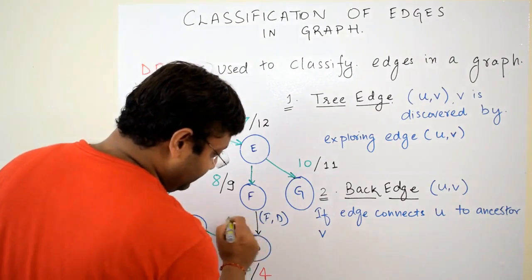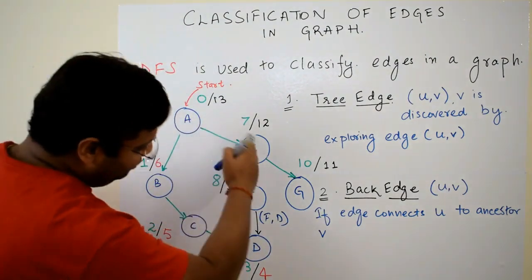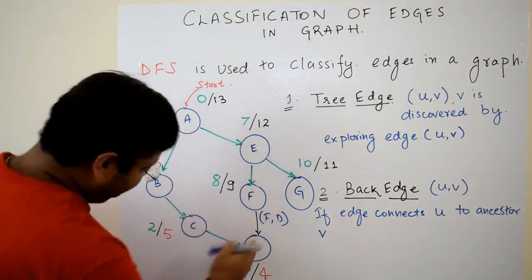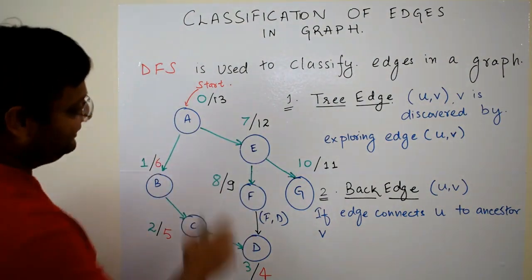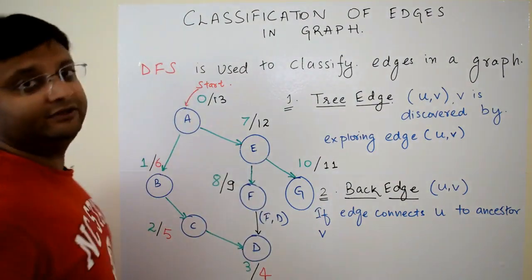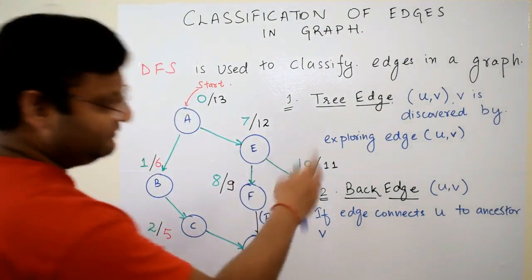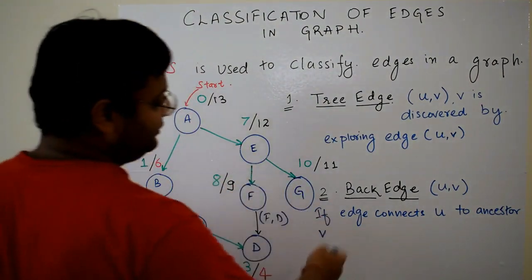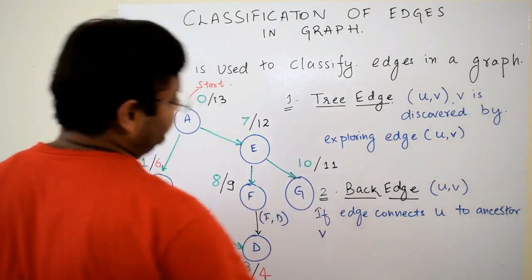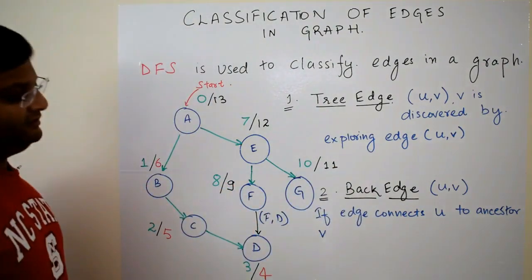So this edge is not a tree edge. Now, had we gone through this branch first, AE, EF, FD, then it would have been a tree edge. Now this will be a different kind of edge. What edge? I'll tell you later. In this lecture it will be your fourth kind of edge. So I think now you are clear with the tree edge.